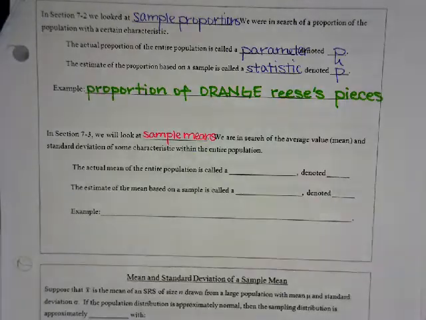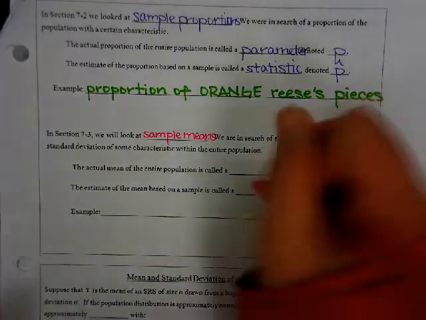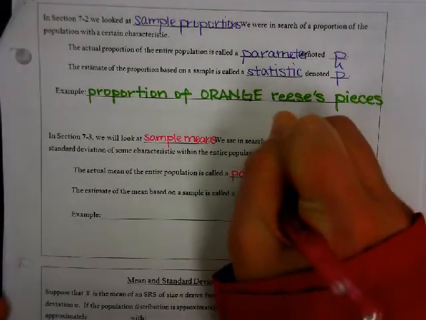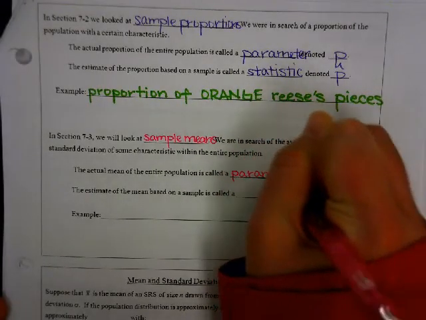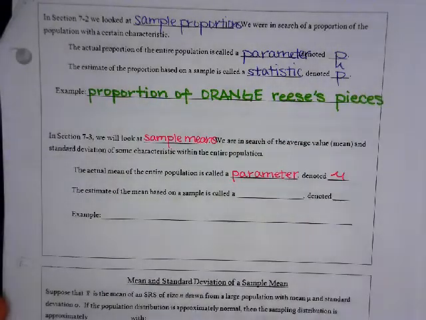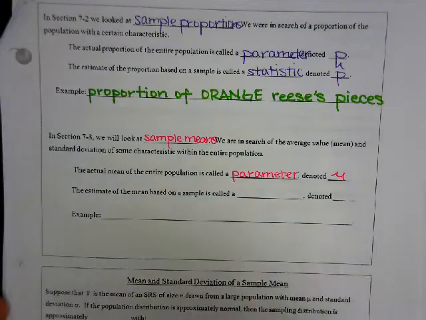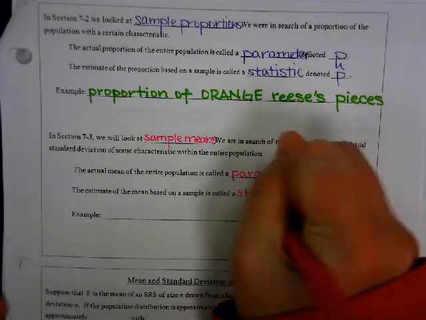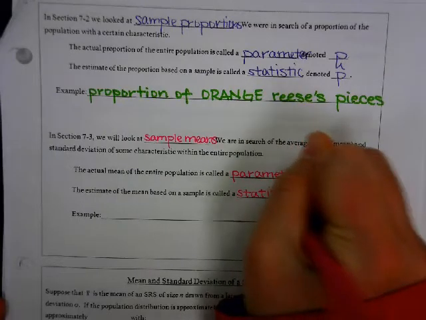When we have the mean from the entire population, it's a parameter, and we use mu. And when we find the estimate of the mean based on a sample, it's a statistic, and we use X bar. So today we looked at average ACT scores.